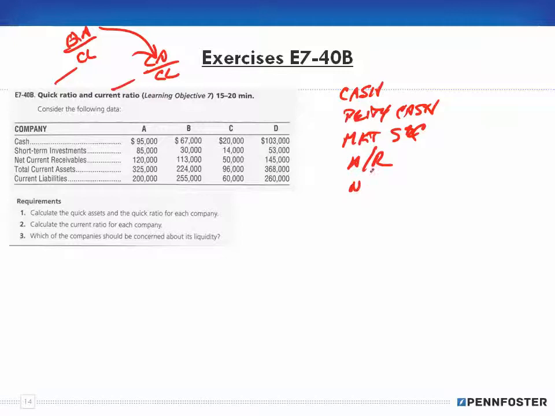And of course, if there's notes receivable of like 30 days, it makes no sense to have a note receivable for 30 days. But this is the way your chart of accounts would look. Here they're calling it short-term investments instead.